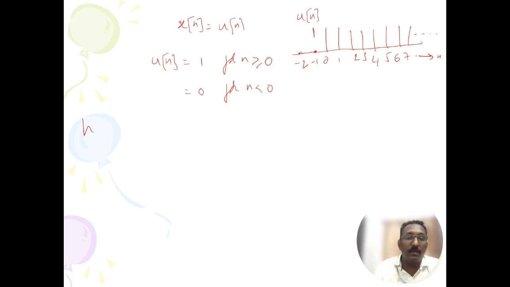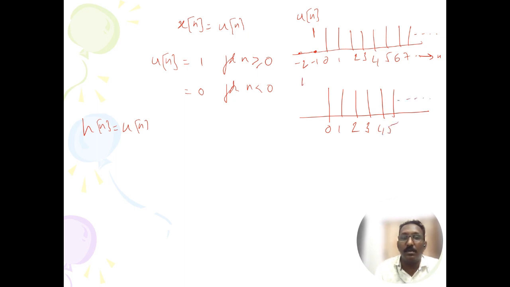Similarly, h of n is also equal to u of n. You draw h of n, and so on.